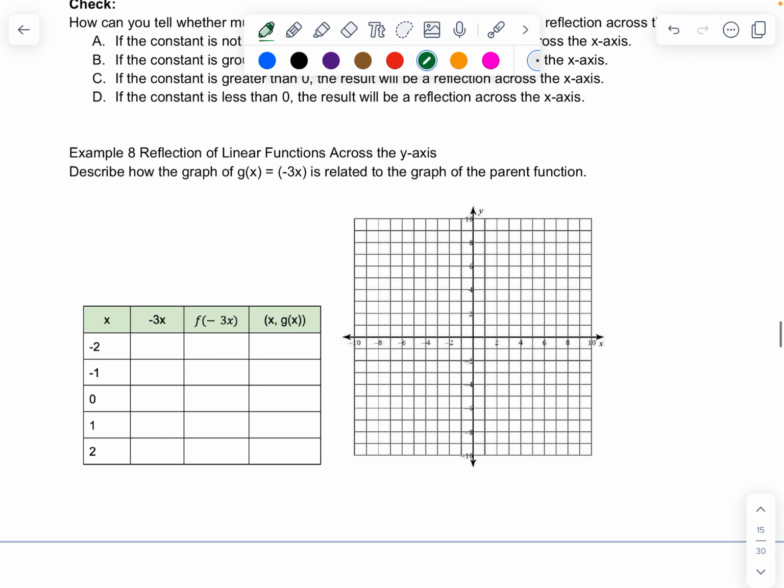Okay, so on this one, I multiply by -3 the x value. So that's going to be 6, 3, 0, -3, -6. Again. And that's only because this equals that. So -2, 6, -1, 3, 0, 0, 1, negative 3, and 2, negative 6.